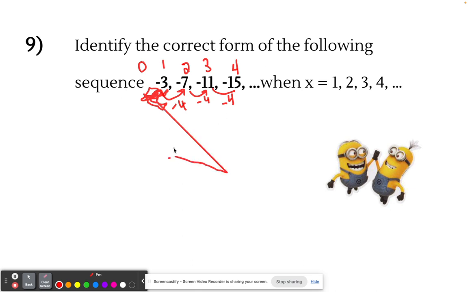I'd have to start at 1, because 1 minus 4 will give me my negative 3. So f of x equals, this is arithmetic. My change in y over change in x would be negative 4, so that's my slope, negative 4x. And my starting point was positive 1.